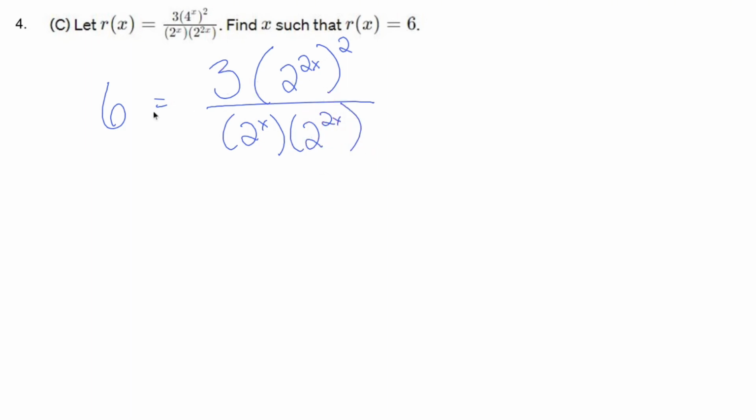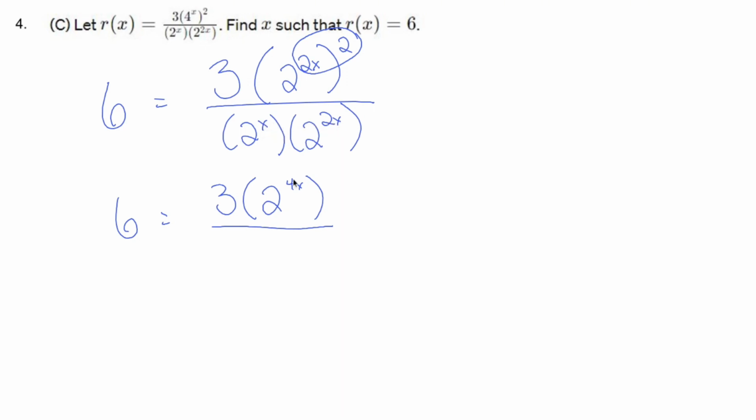3 is not going to combine with any of these. 3 is 3. Okay, so 6 is going to equal 3. When I have a parentheses with a power in it taken to another power, we multiply the exponents. So we become 2 to the 4x, over 2 to the 4x. When I'm multiplying terms of the same base, I add the exponents.